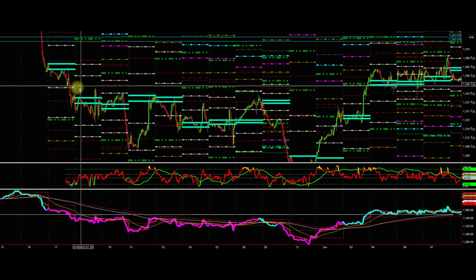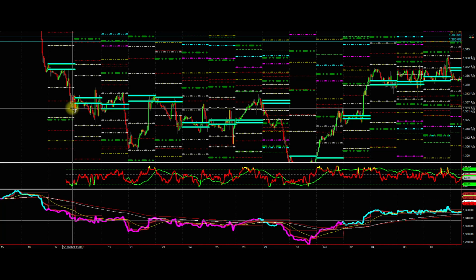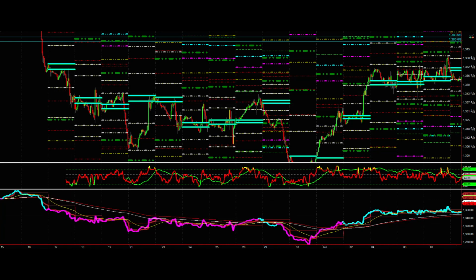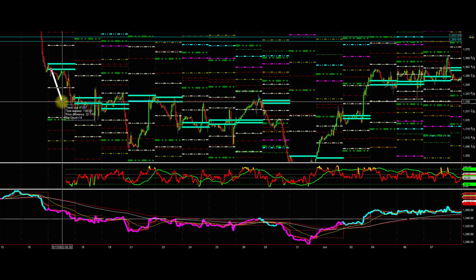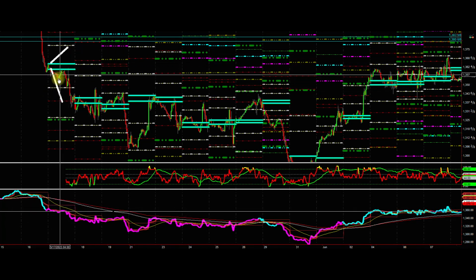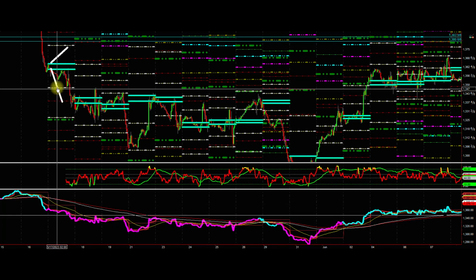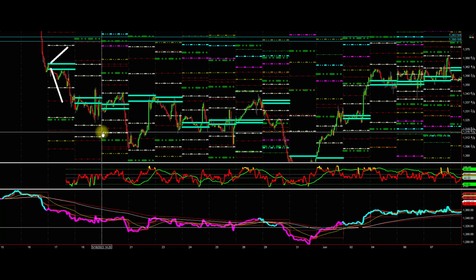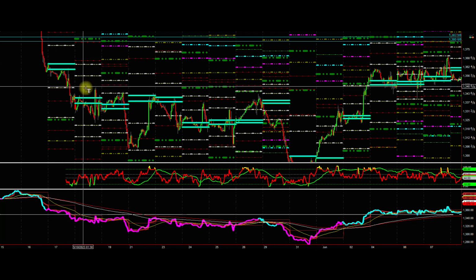That eliminates, I think, half the trouble and half the losses and adds to your bias. So when I post right here, long above this, short below this, this is a no trade zone. It can go any direction. This is where they're collecting the contracts and making a decision. Okay, you got the idea already.